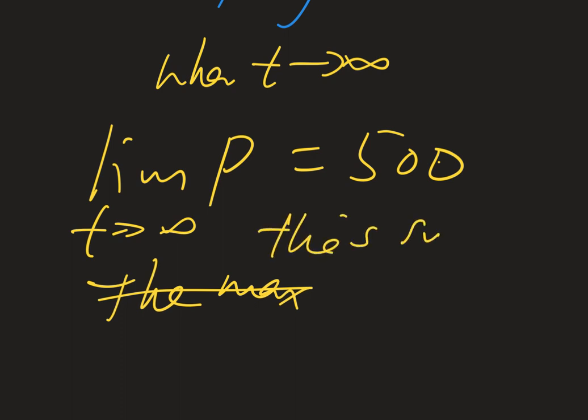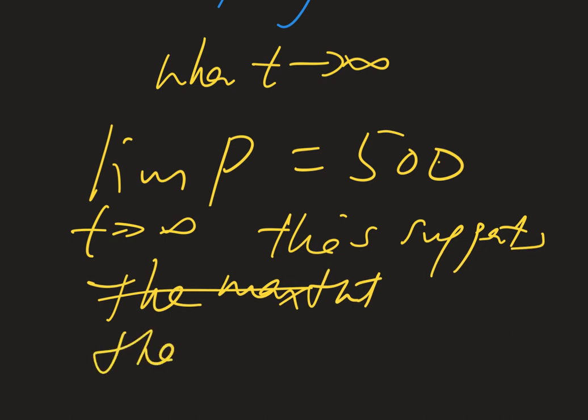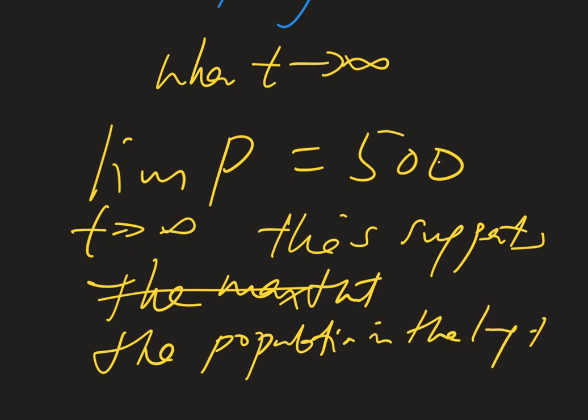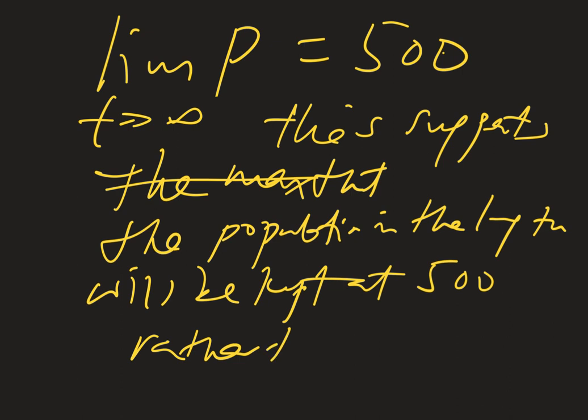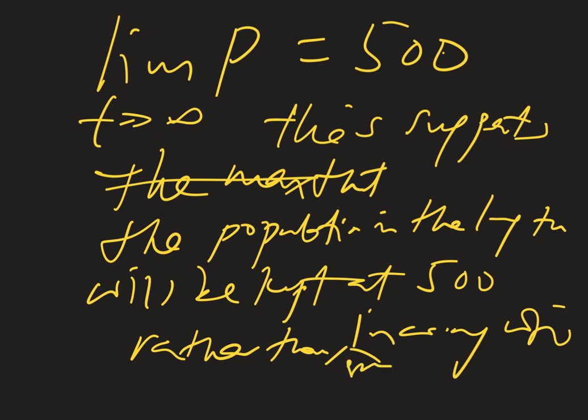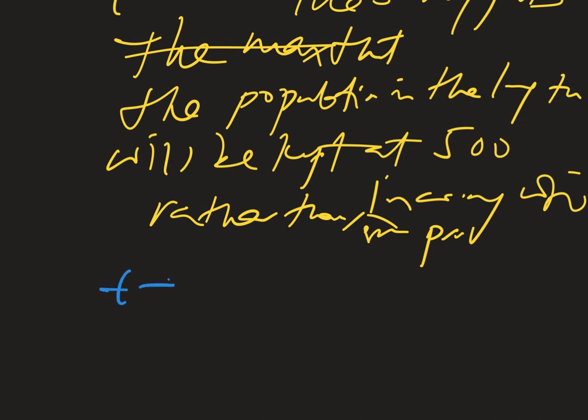These suggest that the population in the long term will be kept at 500 rather than increasing with the growth of the previous model, because when t goes to infinity, p is bounded.